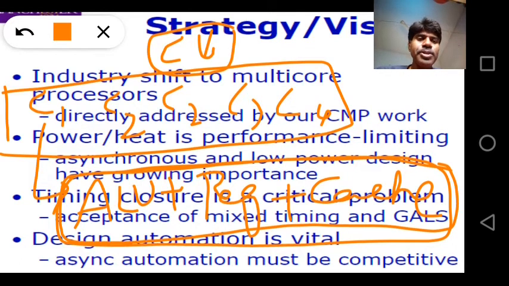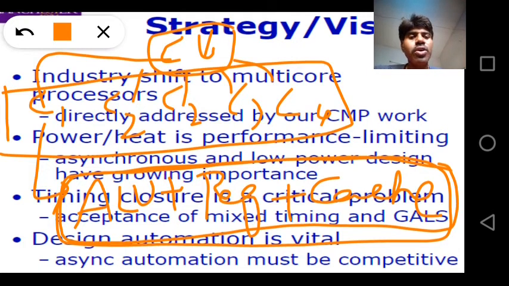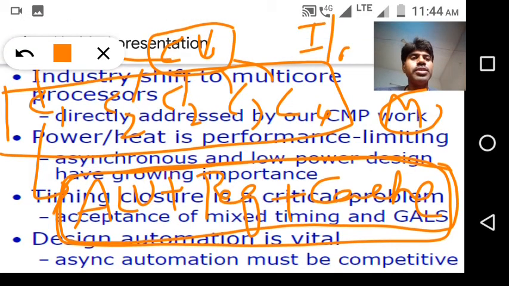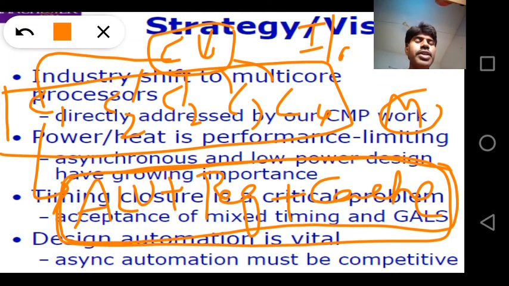The control unit is common. So when the control unit is common, you have to understand that the single control unit has to send signals to all these cores, the shared memory, and all IO devices. So it has to do everything. If I have a single core processor, the number of control signals is less.